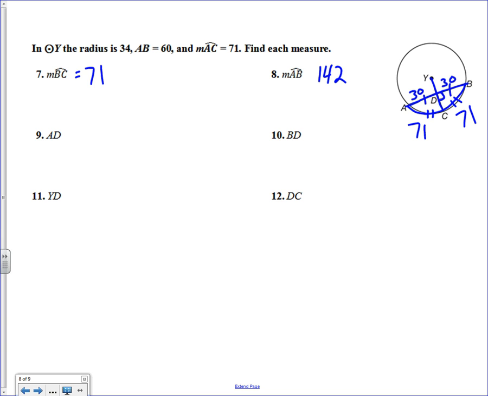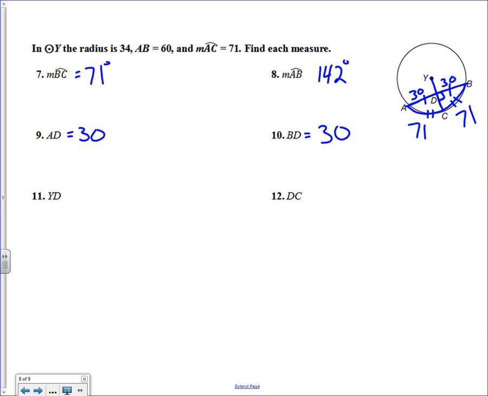AD we have marked, it is 30. Again, this time I don't think I made a mistake. The chord AB is 60, and AD and DB have to be half each, right? BD is also 30. And then I think we get into some interesting stuff. Let's see if I'm right.